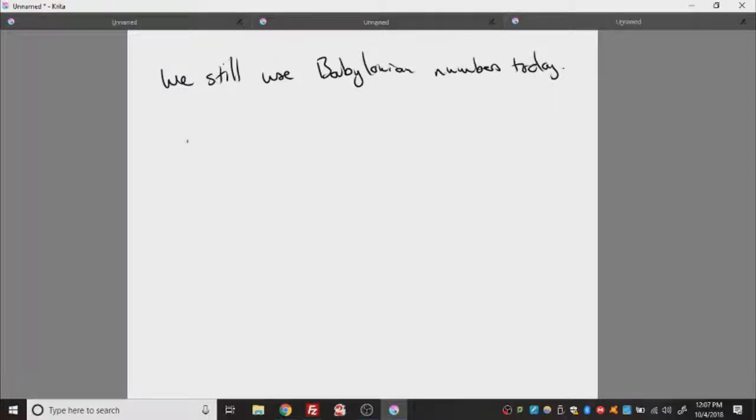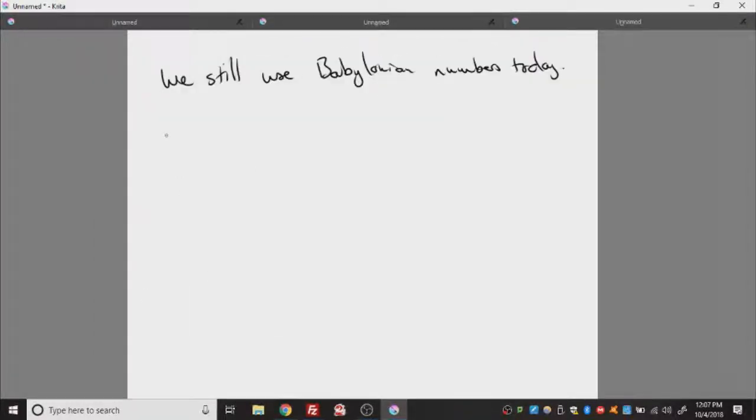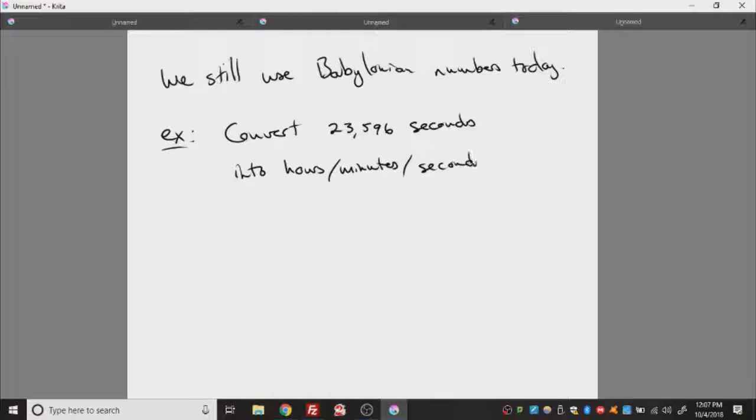Think about, let's go back to the previous example. Actually, no, let's not. If I ask you, convert 23,596 seconds into hours, minutes, and seconds. What would you do?